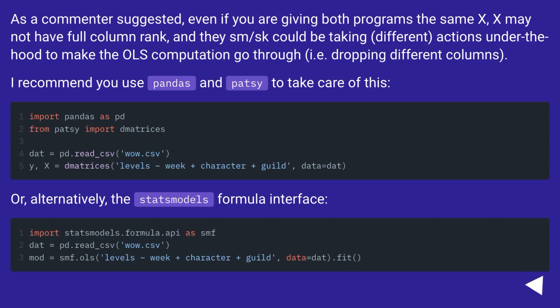As a commenter suggested, even if you are giving both programs the same X, it may not have full column rank, and SM/SK could be taking different actions under the hood to make the OLS computation go through, i.e. dropping different columns. I recommend you use Pandas and Patsy to take care of this. Or, alternatively, the Statsmodels formula interface.